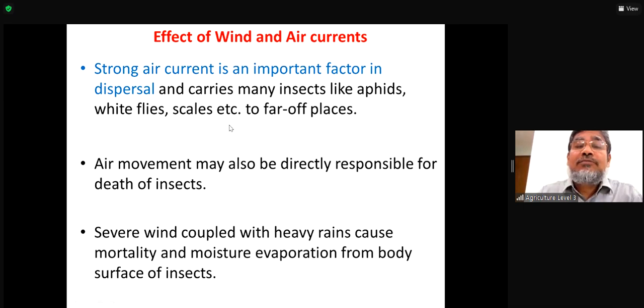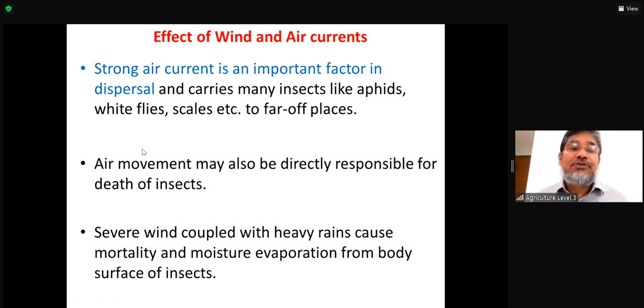These small insects usually cannot move too far, but the air can take them from one place to another. So the dispersal of insects will occur when the strong air current works.